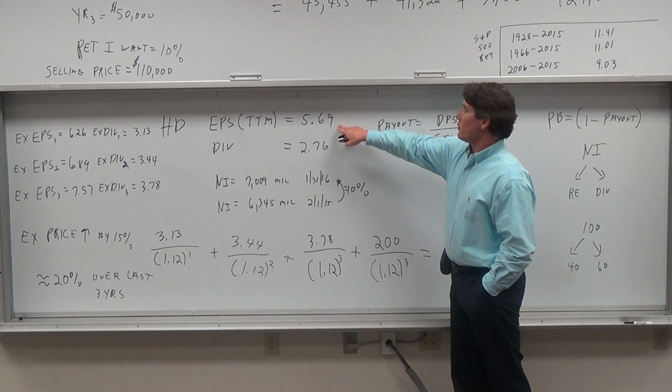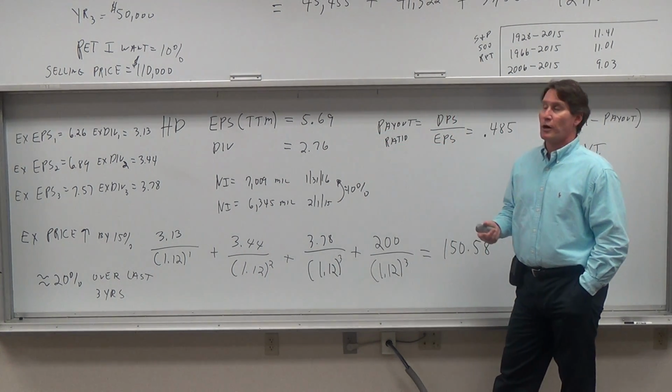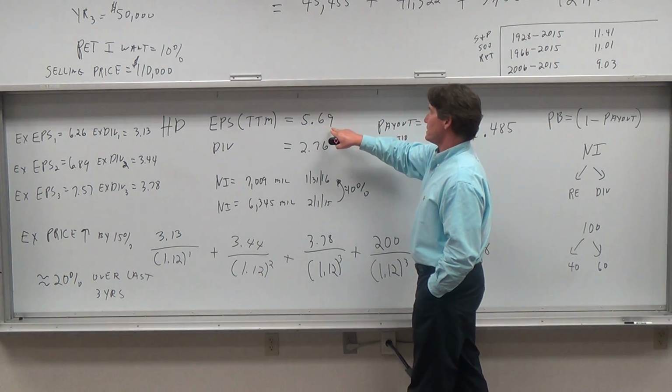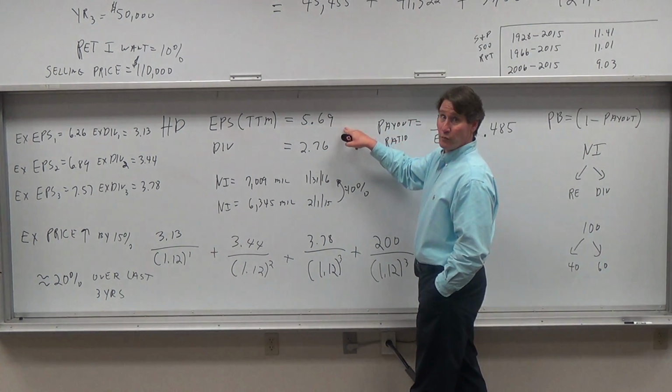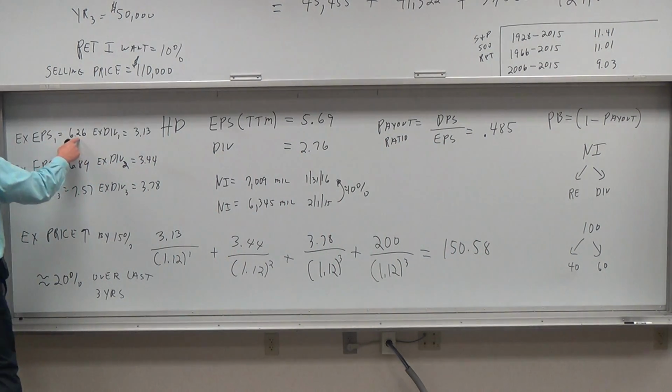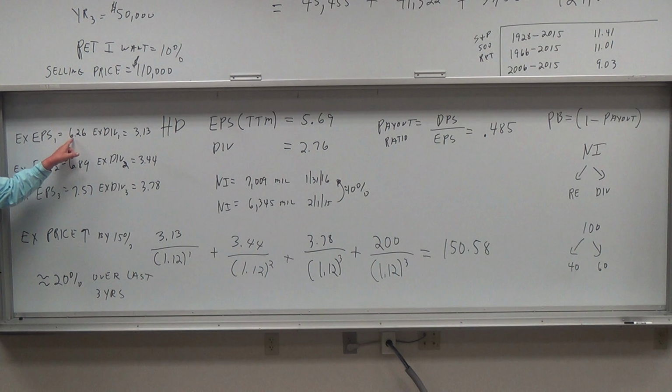I'm going to assume that earnings per share are going to grow at 10% every year. So 5.69 times 1.1 is going to leave us with 6.26. And that 6.26 times 1.1 is going to grow to 6.89, times 1.1, 7.56.